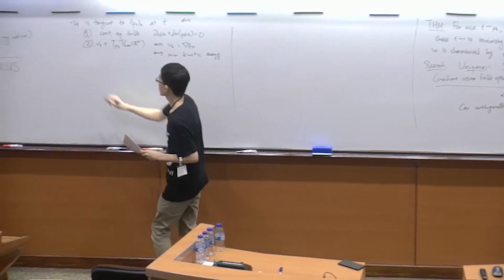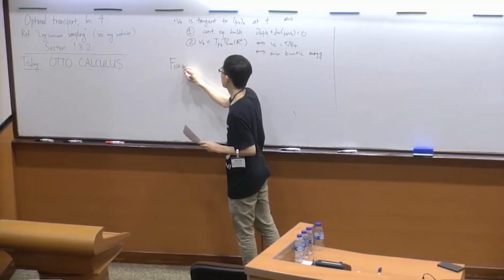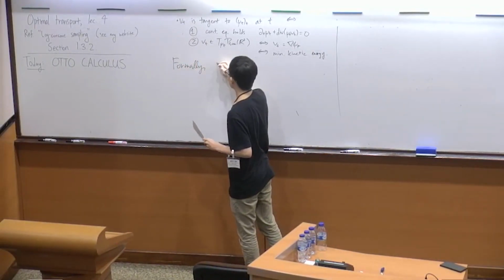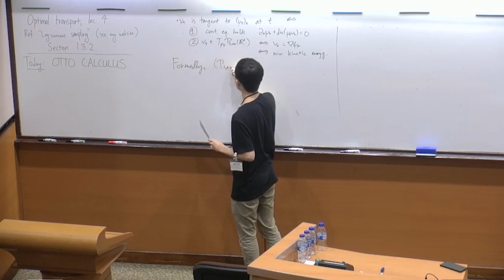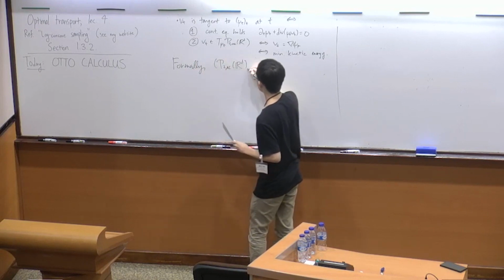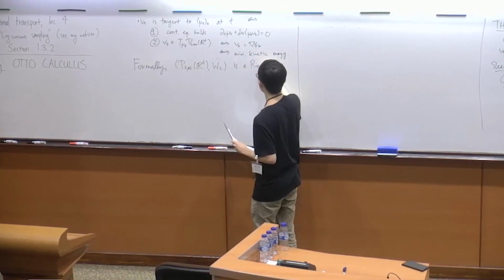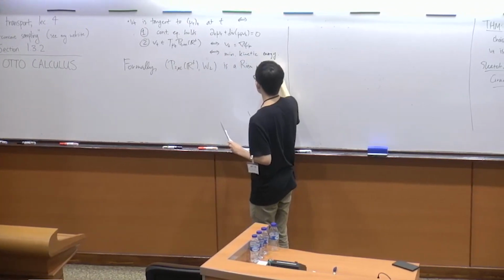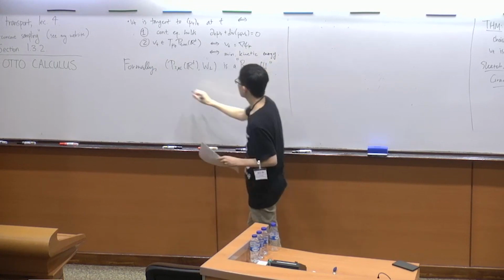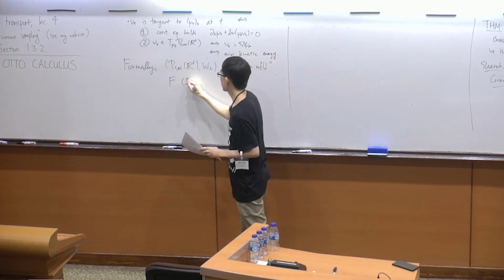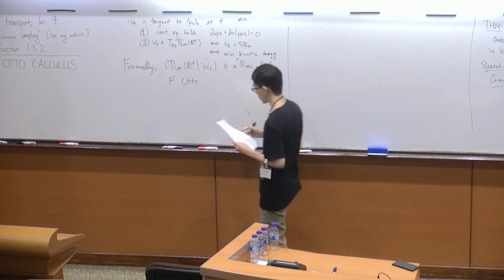Let me say formally, we have said that this space is a Riemannian manifold. This interpretation is due to Felix Otto.